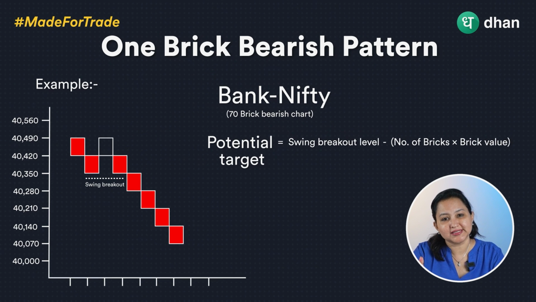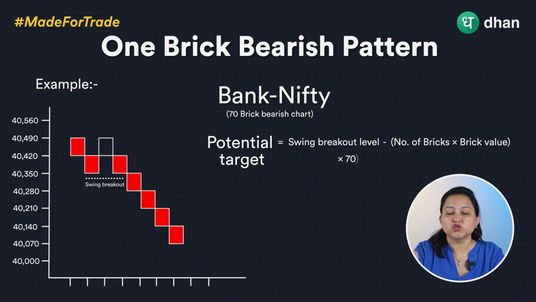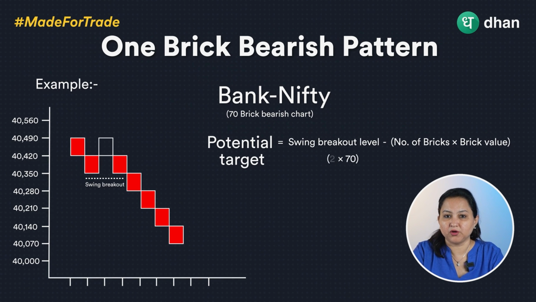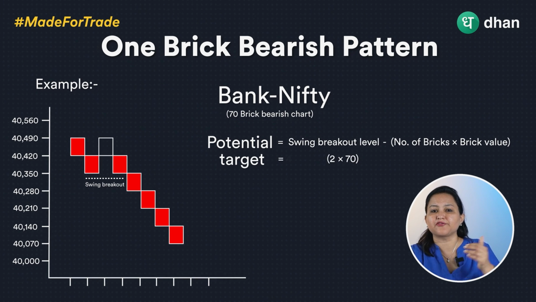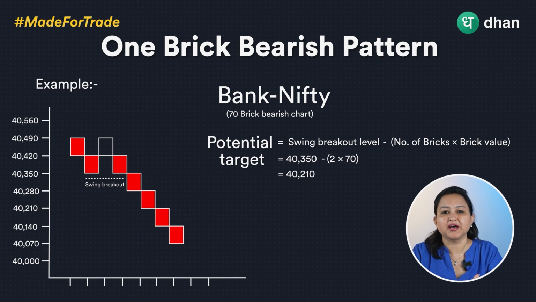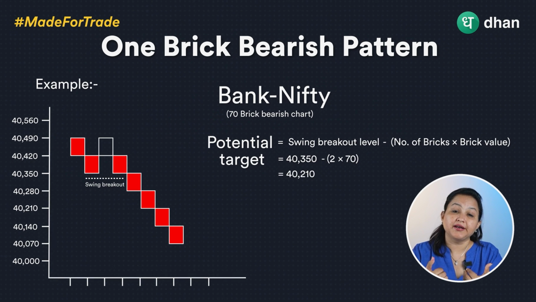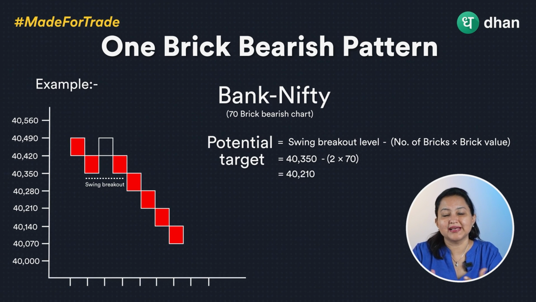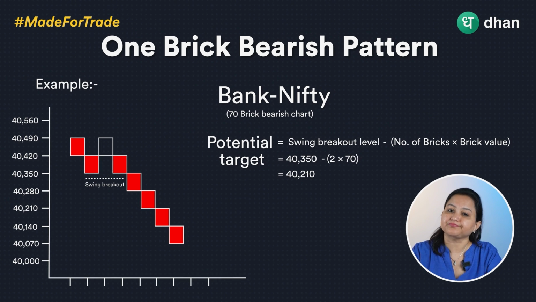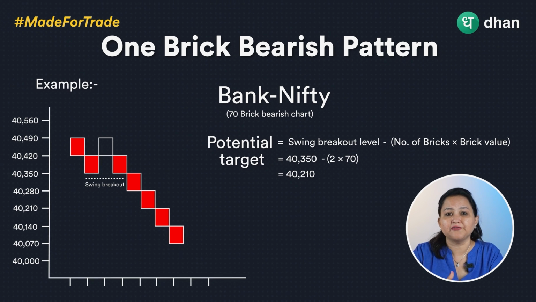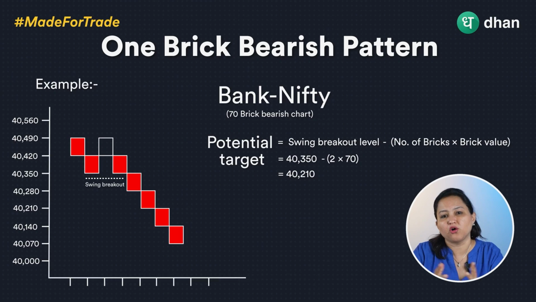The brick size we are using here is 70. Multiply by that number and reduce it from the swing breakdown level to find our targets for the downward side, which is also called the swing extension, or the target for the breakdown of Nifty or Bank Nifty.